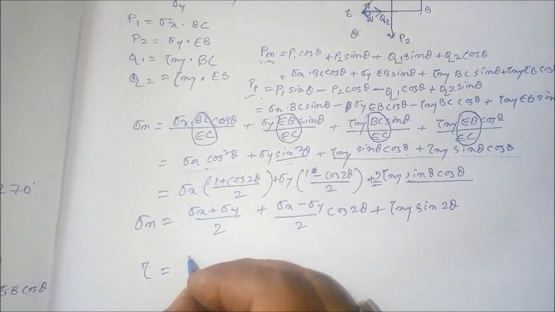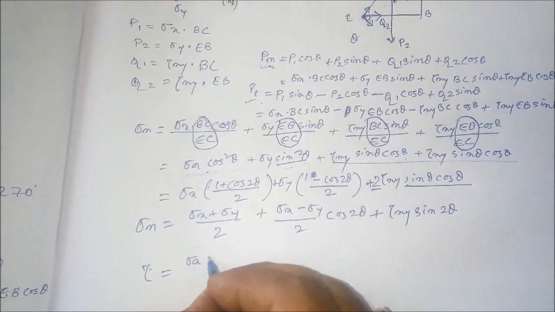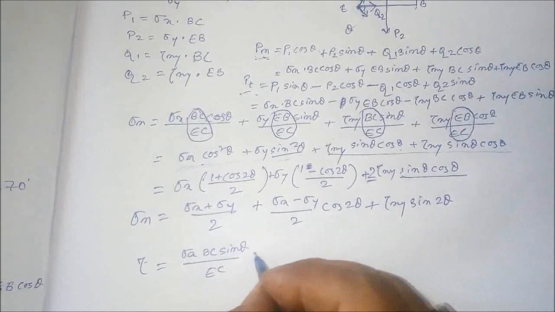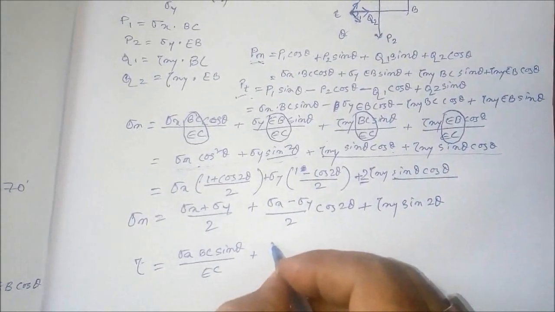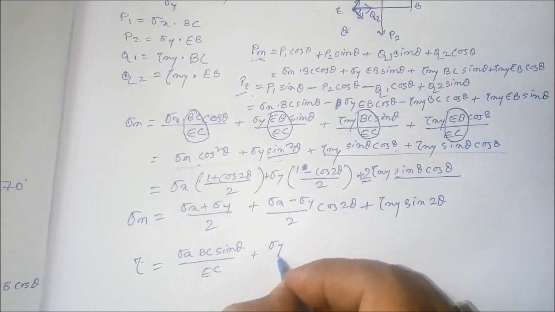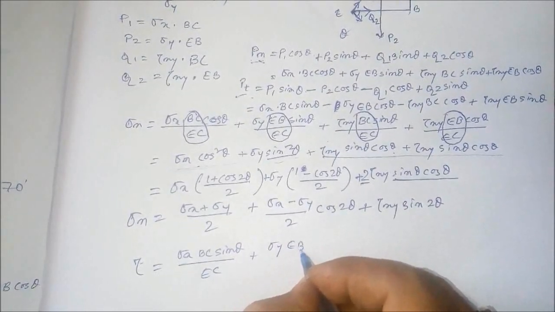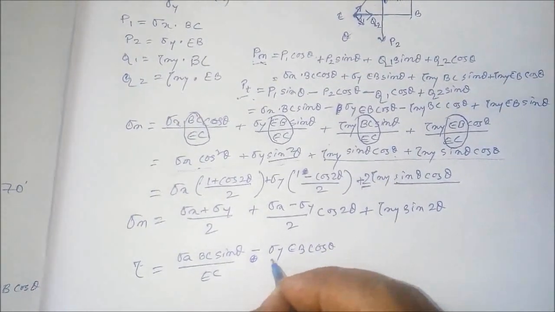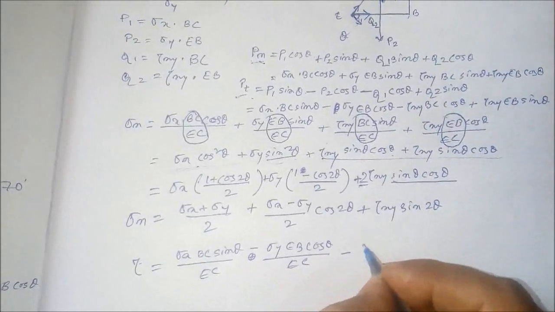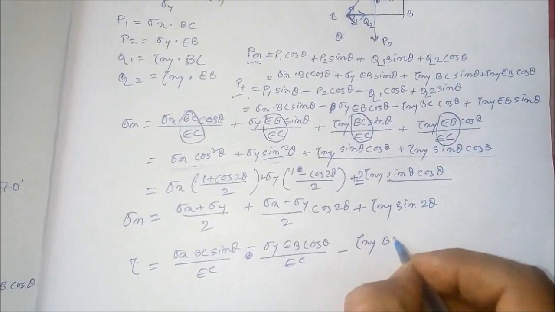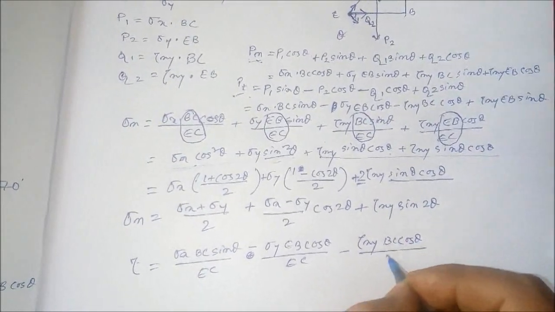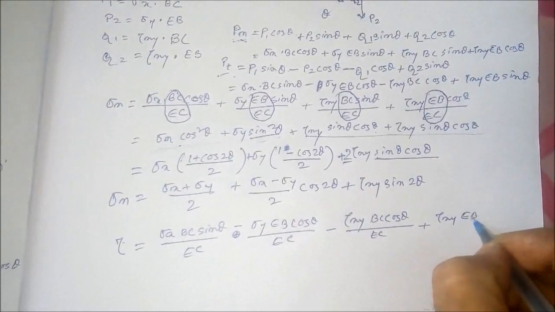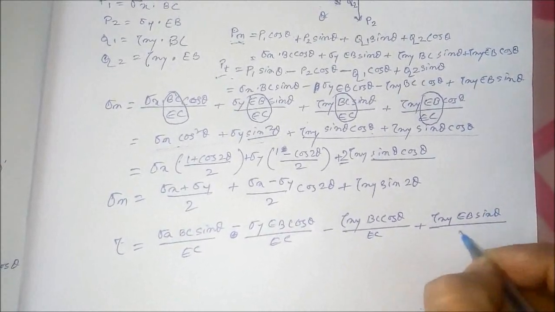So this is basically sigma x BC sine theta divided by EC plus sigma y EB, sorry, this was not plus, this was minus, EB cos theta divided by EC minus tau xy BC cos theta divided by EC and plus tau xy EB sin theta divided by EC.